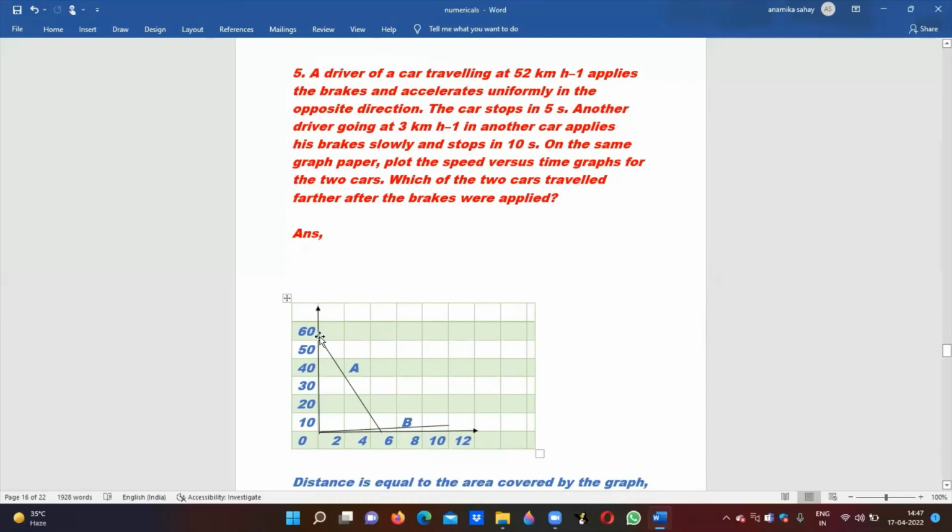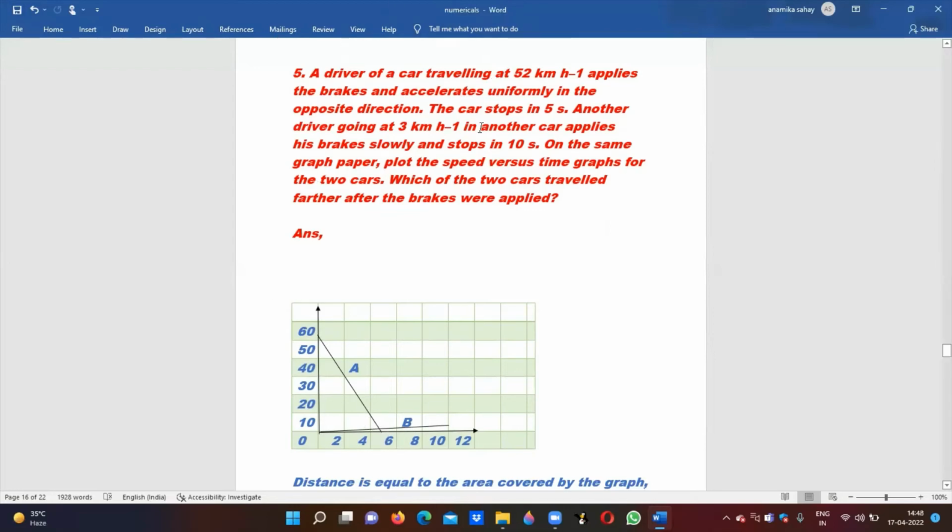Okay, and then brake applied. This is our initial velocity. Final velocity is 0. Okay, and the time taken between this is 5 seconds. For this 5 seconds, the speed will go from 52 to 0, and time will be from 0 to 5.